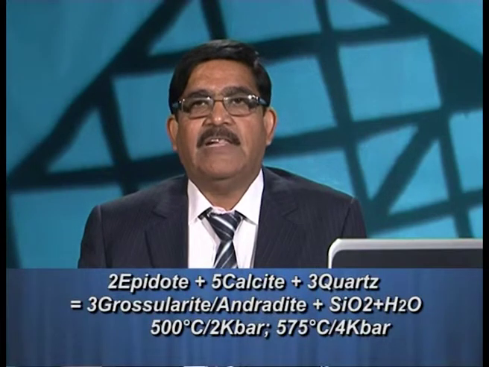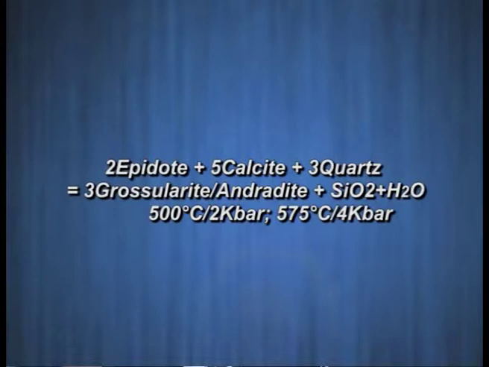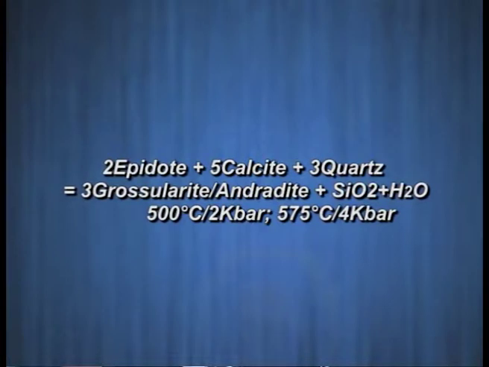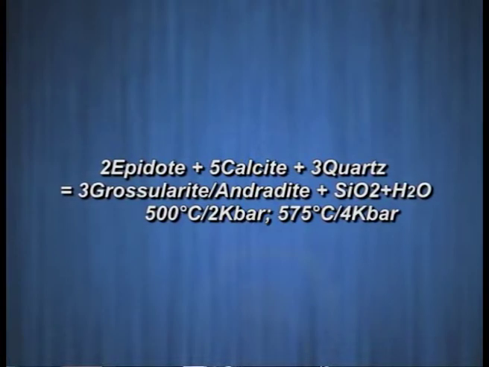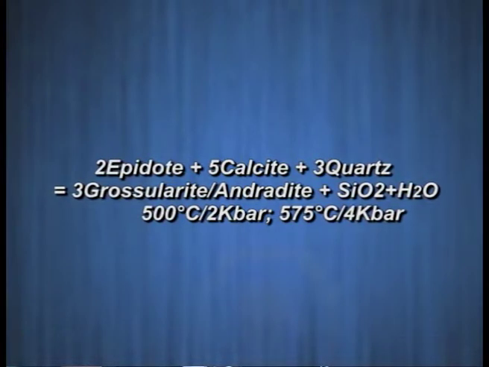And reaction number 6: 2 epidote plus 5 calcite plus 3 quartz give rise to 3 grossularite-andradite plus SiO2 plus water, which occurs at 500 degree centigrade 2 kilobar, 575 degree centigrade 4 kilobar by Nis 1973.